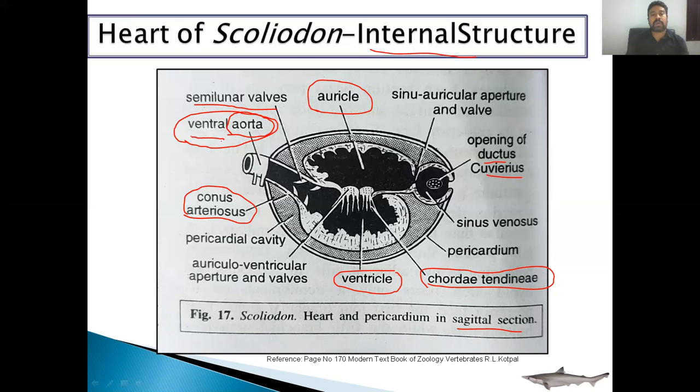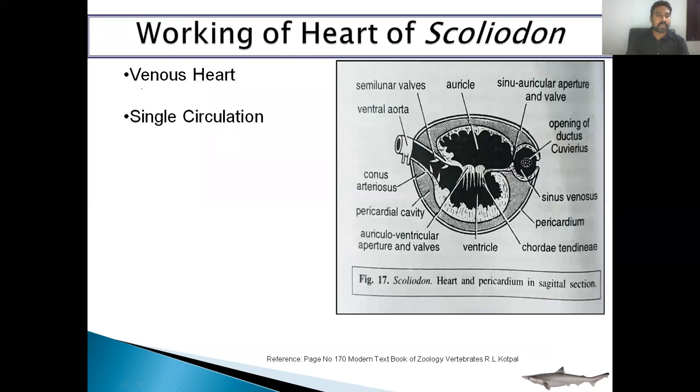Now the working of the heart. It is a venous heart. It receives only the venous blood, only the deoxygenated blood, and there is only single circulation. Single circulation means the blood comes only once to the heart. In the case of human beings, we have double circulation: first the blood comes to the right side, then goes to the lungs, from the lungs it comes to the left side, and then to the body.